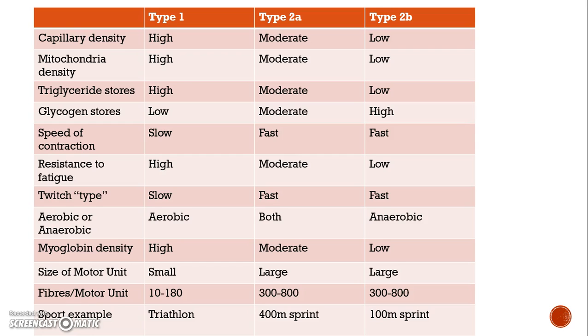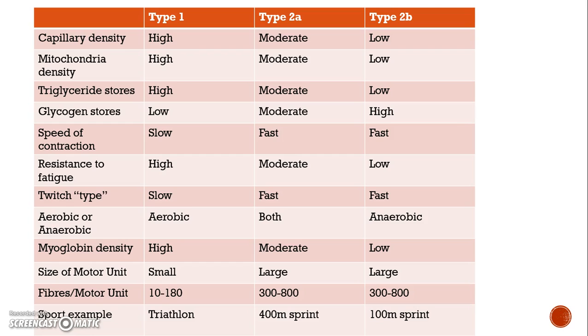Look at triglyceride stores, mitochondrial density, capillary density: all high. It's all to do with using oxygen to help break down the fuel. So type 1s are all about getting as much oxygen in as possible so we can break down those fat molecules. As I said, fat molecules need a lot of oxygen. He will not be able to take in that amount of oxygen and have the time to metabolize his fat to be able to run quickly.